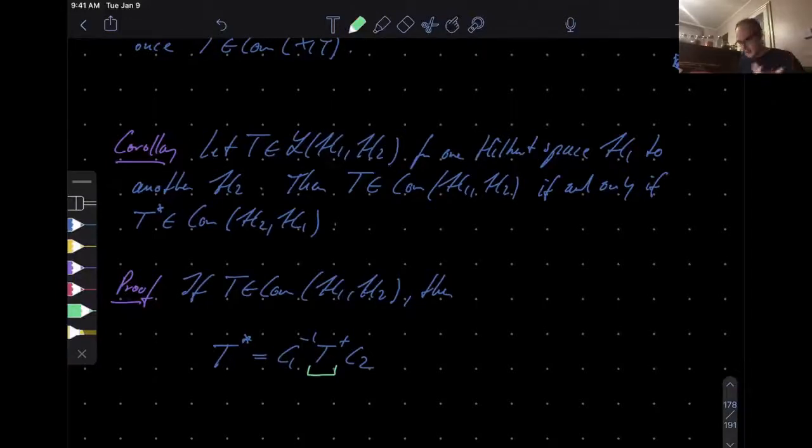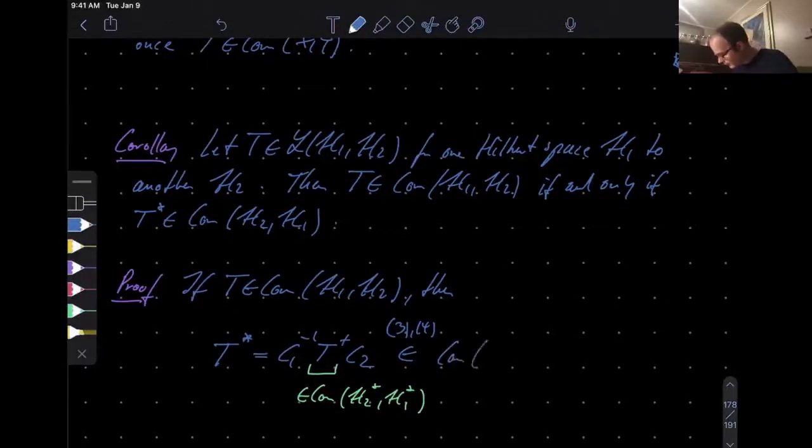So use properties 3 and 4 in the last theorem. And of course Schauder's theorem. You need Schauder's theorem because you need that the green one is compact, right? That's the important part actually. H1, H2 star and H1 star. Okay, and then this will tell you that this is a compact map from H2 to H1.